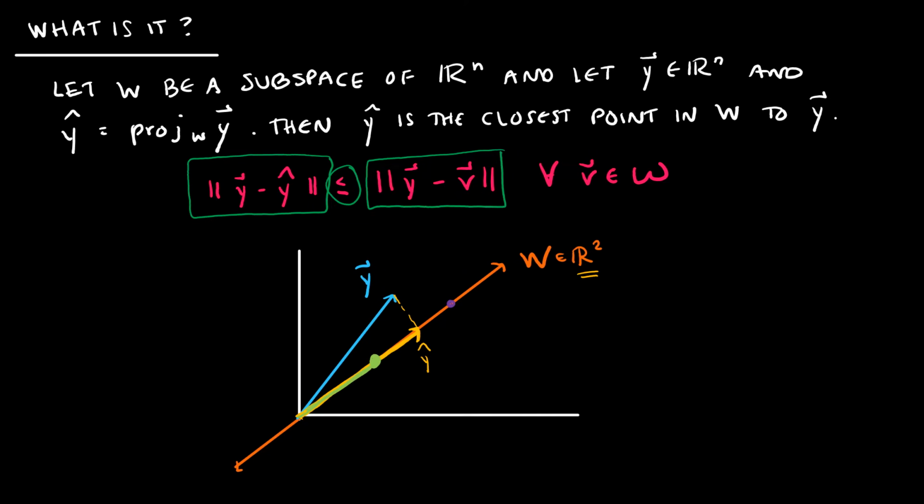So now I have another vector that's in W because it's on that line, and if I were to find the distance between that vector and Y, then obviously it's greater than what I'd found previously. So essentially what we're saying is the process that we were going through to find that projection gives the closest point in W to Y. So it is the best approximation in W.